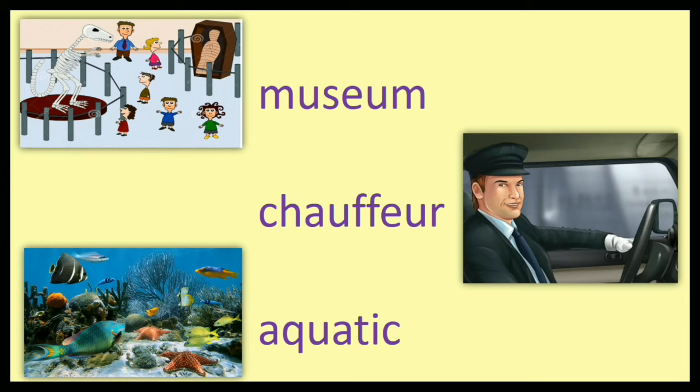Now you can see I have given some names to these pictures. As the first picture is related to some antique pieces, this place is named as museum. Next, a man is driving a car in a uniform, or you can say that he is a professional driver, so he is a chauffeur.